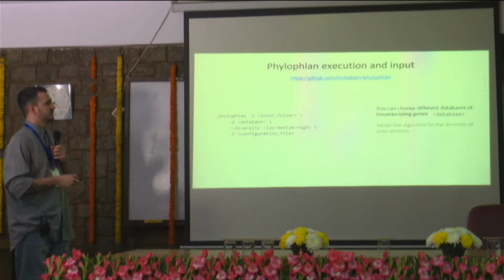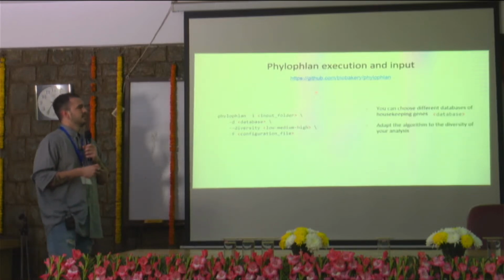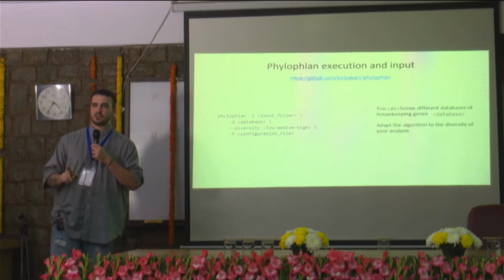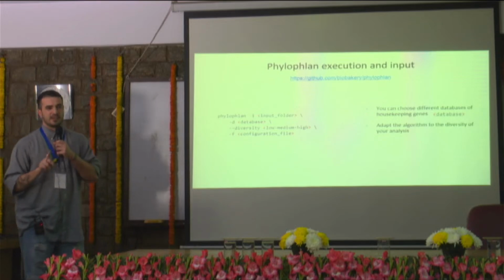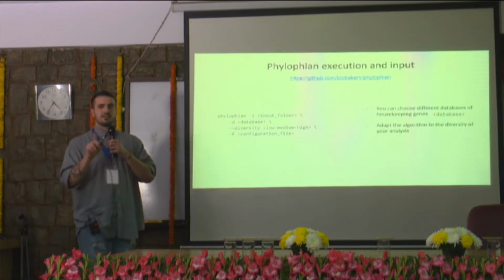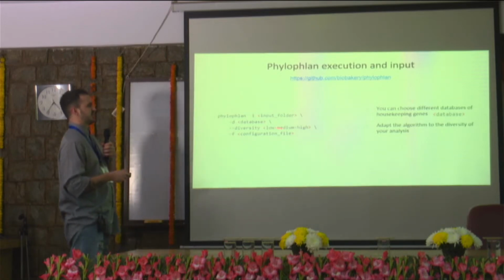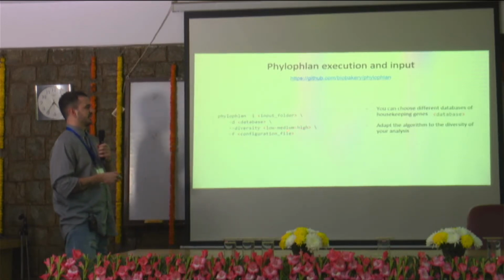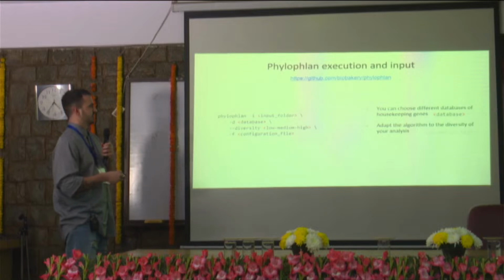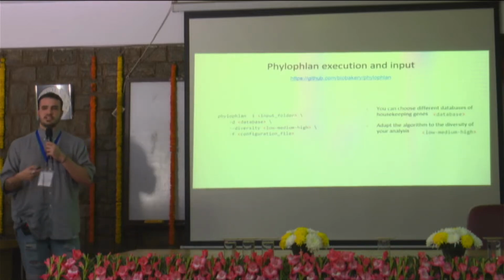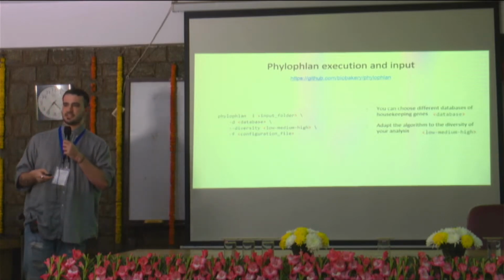Then it has other parameters, where Phyloflan3 also adapts the algorithm to the diversity of your analysis. So imagine that you are building a phylogenetic tree of genomes that are all the same species. Then which diversity will you choose here? You will choose low diversity. Why? Because all the genomes that you have are the same species.